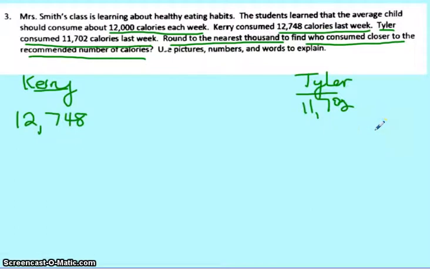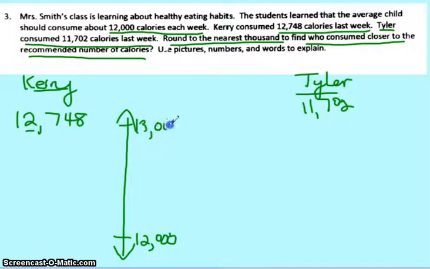So let's take a look at each of these. If we did Carrie's on a vertical number line, again we're rounding to the nearest thousand, so we're at 12,000. The next thousand would be 13,000. Directly in between would be 12,500. Why? Because we're still dealing with thousands, so half of 1,000 is 500.